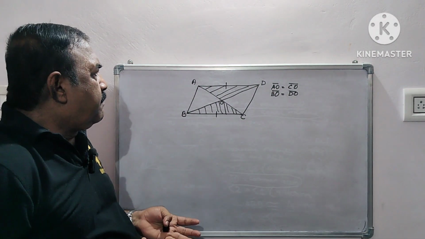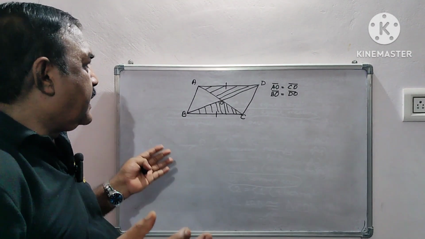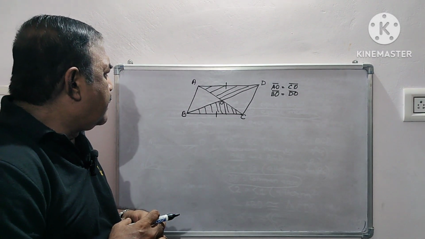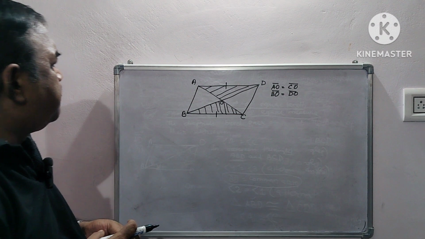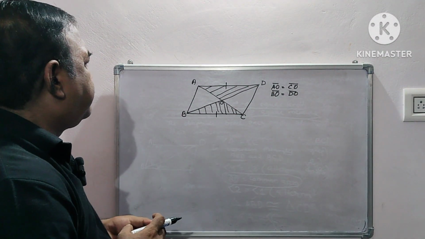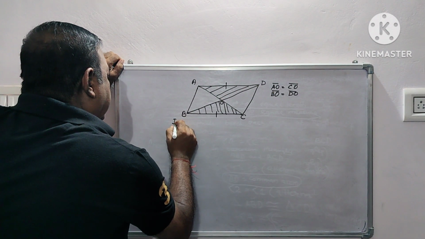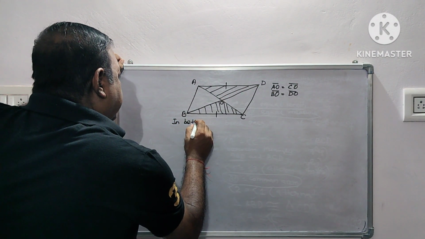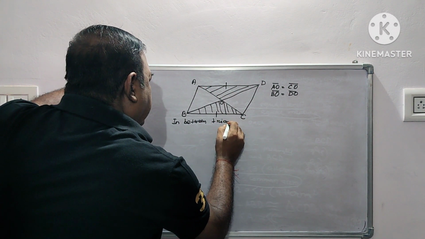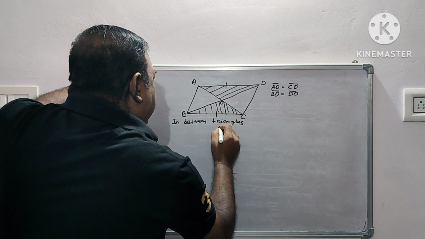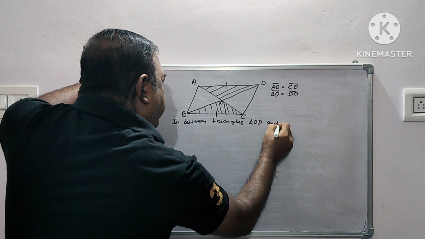Because parallelogram is a quadrilateral whose opposite sides are parallel and they are equal in length. So we have to prove what? In between triangles AOD and BOC.